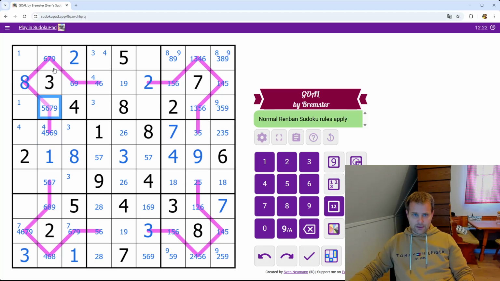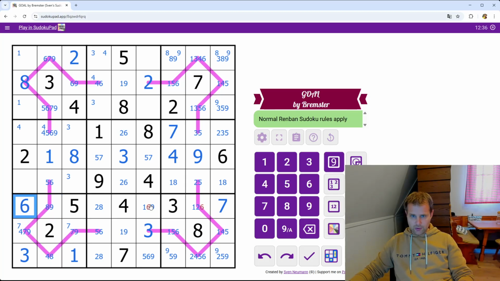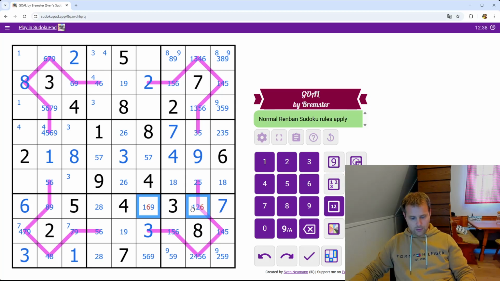The 7 is in one of those two, so it's not up here. So this now is a 5, 6 pair. So these are all not 6. So the 6 must go there, and these are not 6.